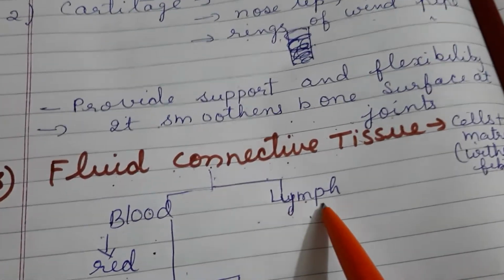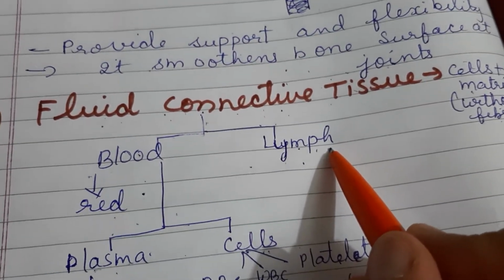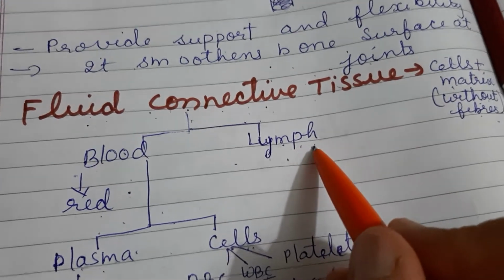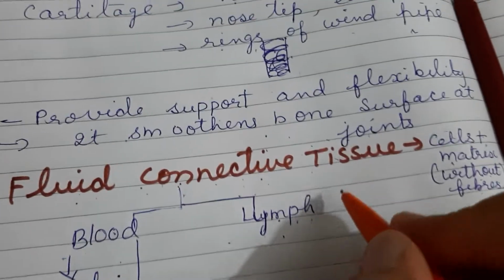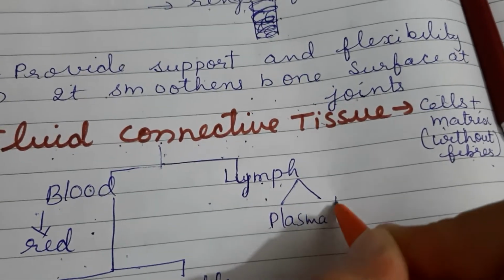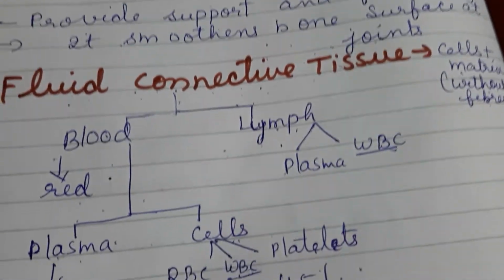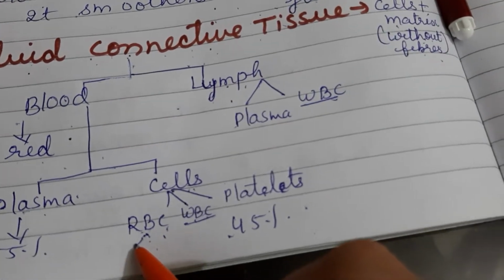Now coming to the last part, that is the lymph. It is also another type of fluid connective tissue. It also has plasma, but it only has one type of cell, that is WBC. It does not have RBCs and platelets.